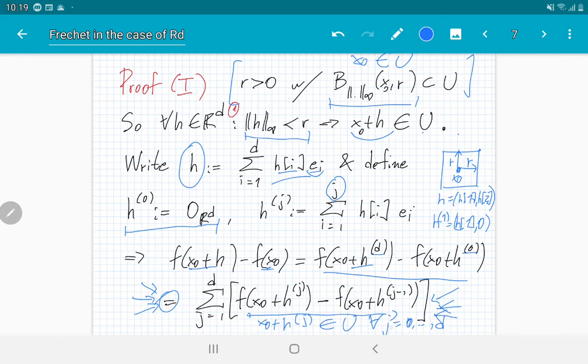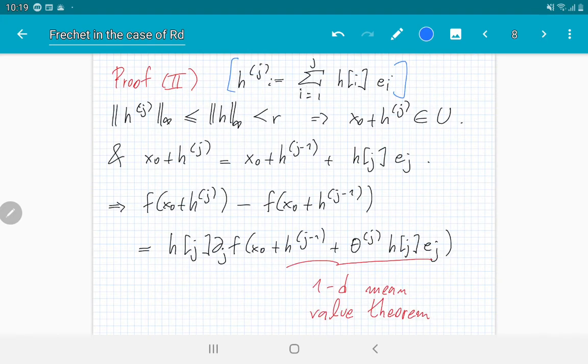Well, for j equals 0, that's obvious because you're just looking at x_0, and x_0 belongs to U. For j equals d, that's also obvious because we assume that h has infinity norm less than r. But the intermediate ones are important, because each one of these vectors has norm at most that of h. And why is that?